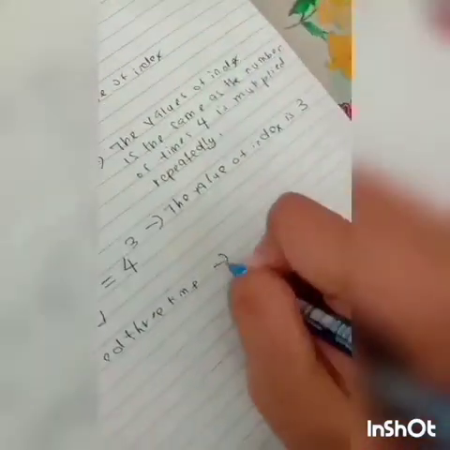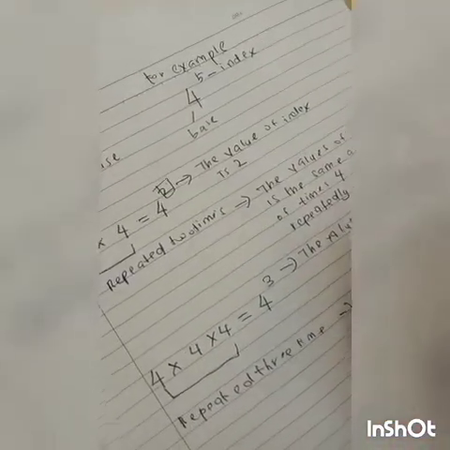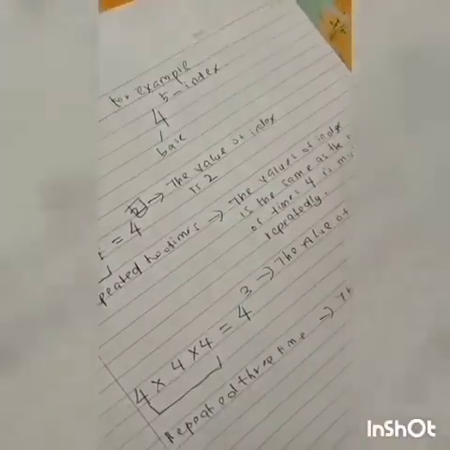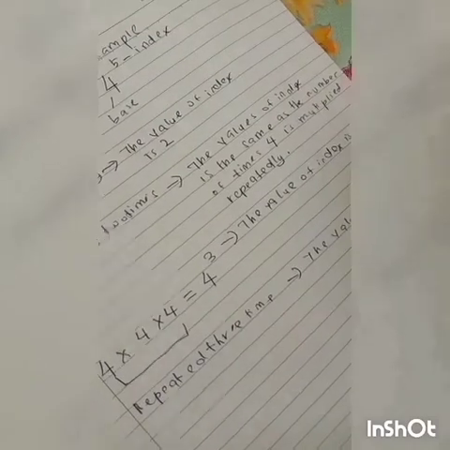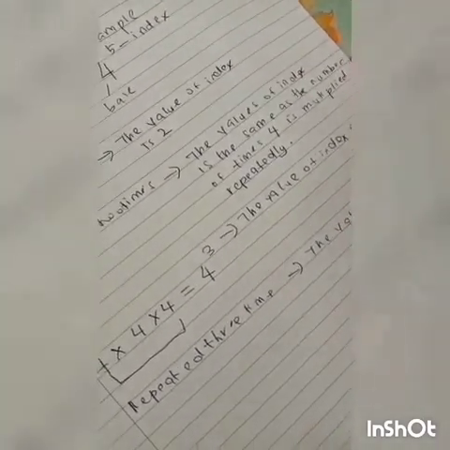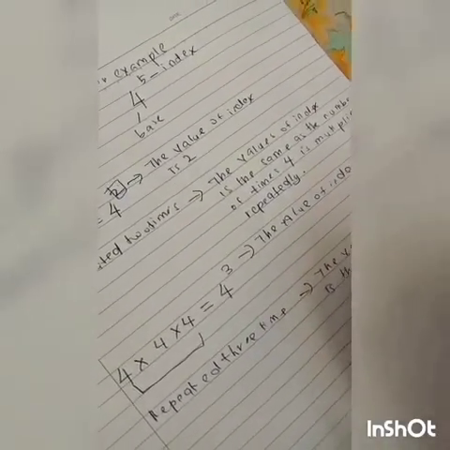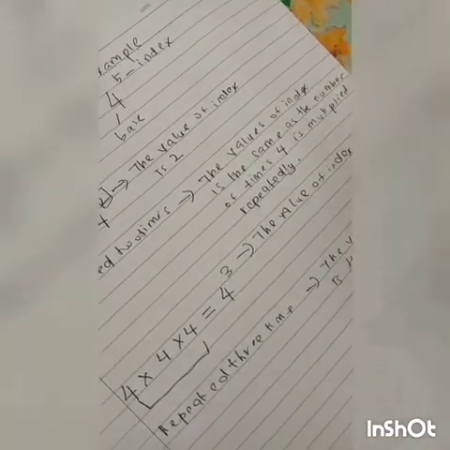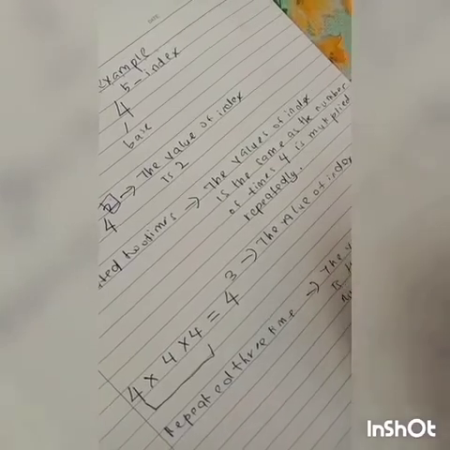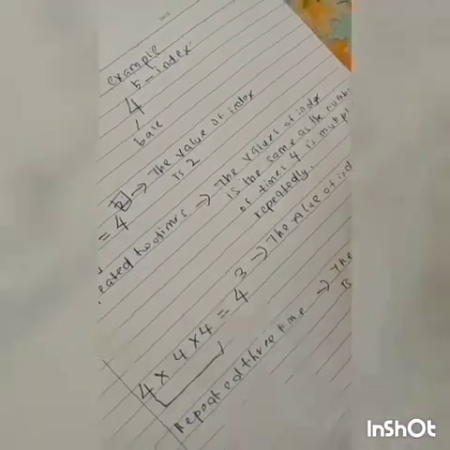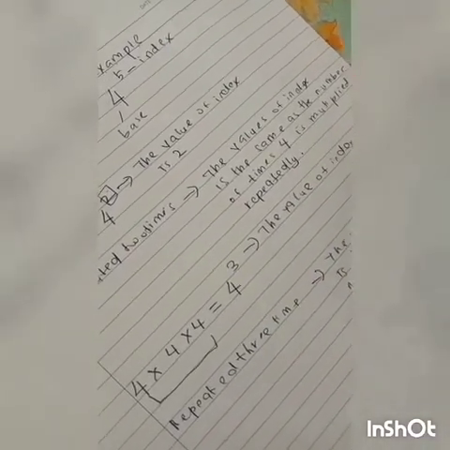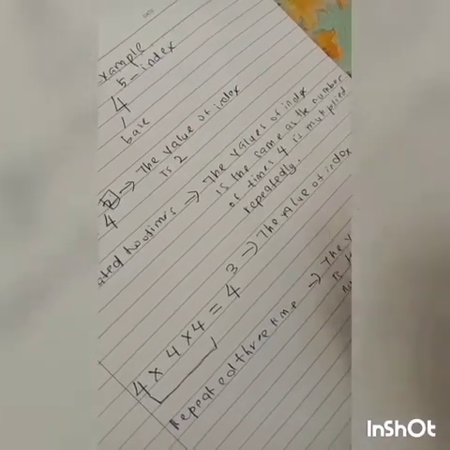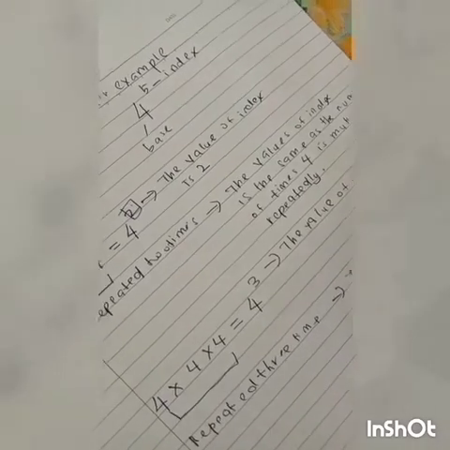So the value of the index is the same as the number of times 4 is multiplied repeatedly.